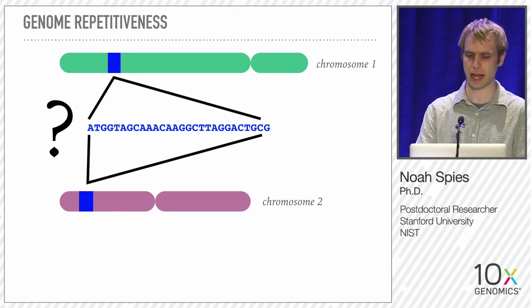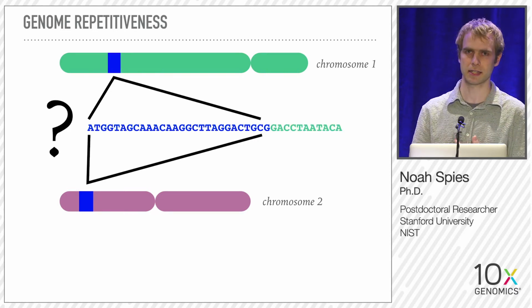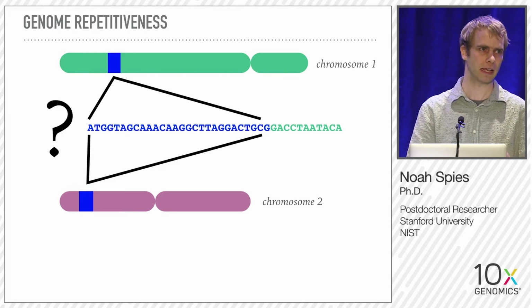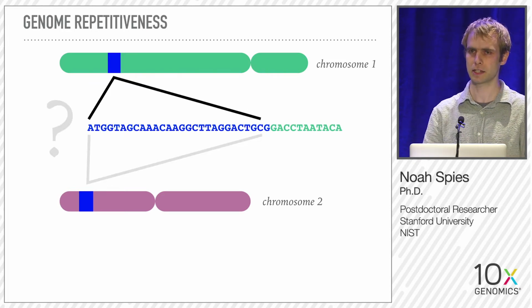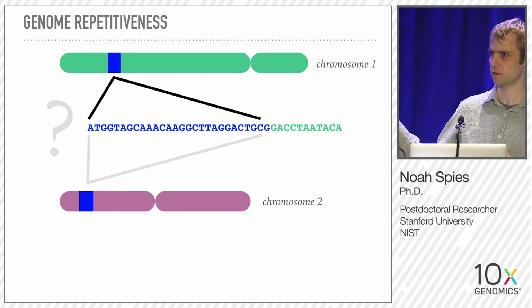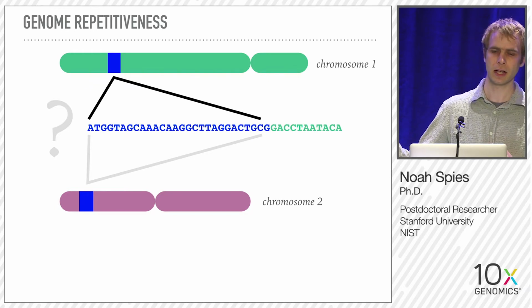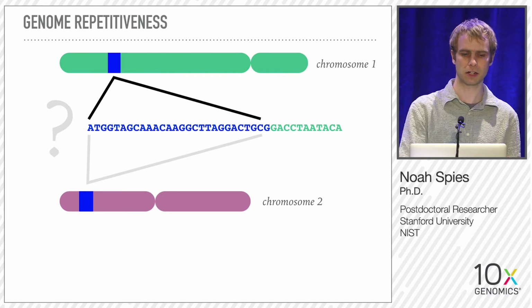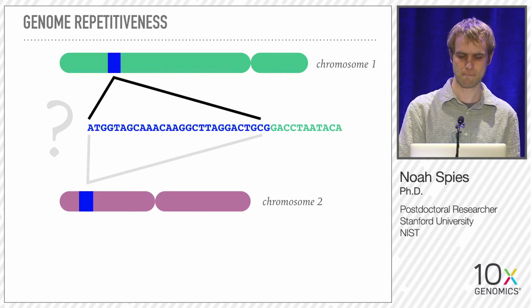Obviously, as we get longer and longer distance information, we can span into unique flanking regions and thereby determine that, for example, this read came from the copy on chromosome 1 and not chromosome 2, allowing us to identify variation that occurs in those genome repeats.